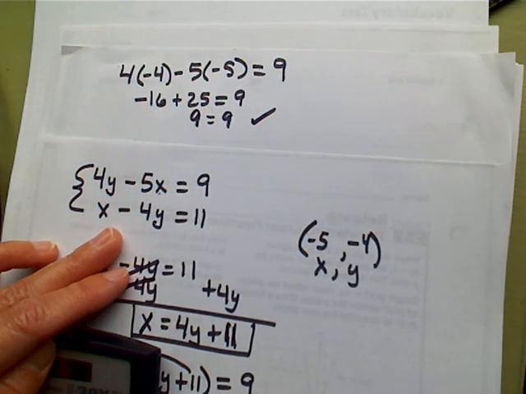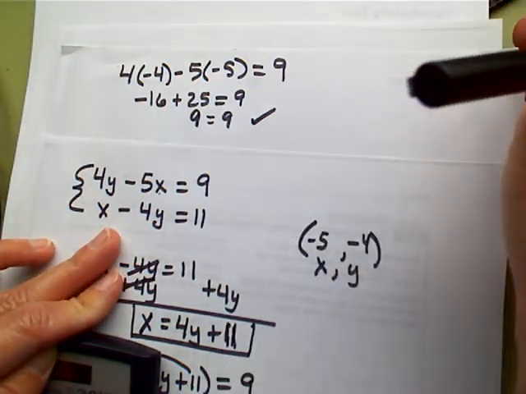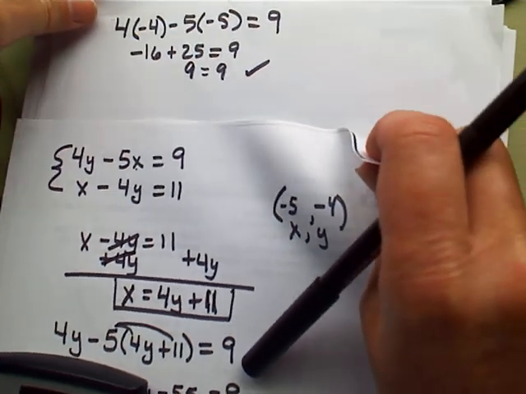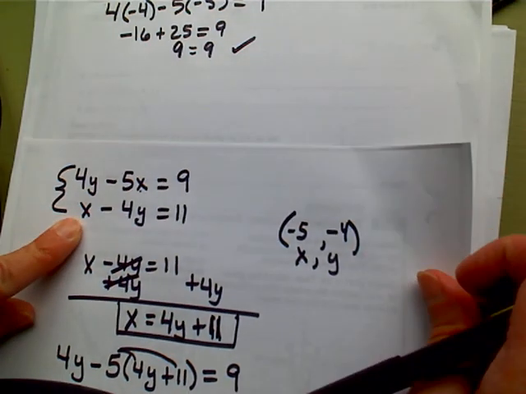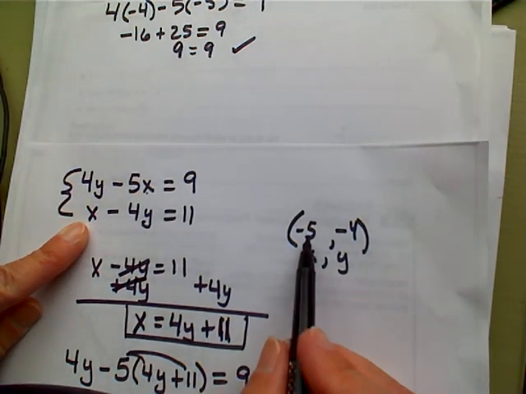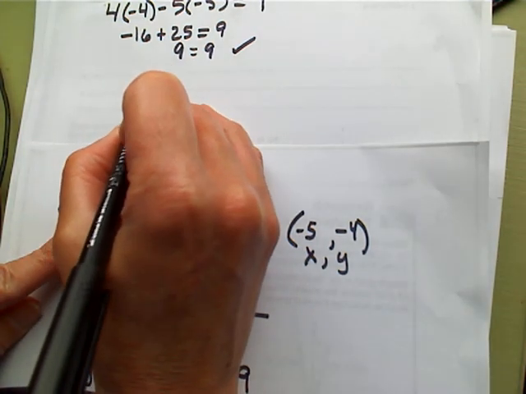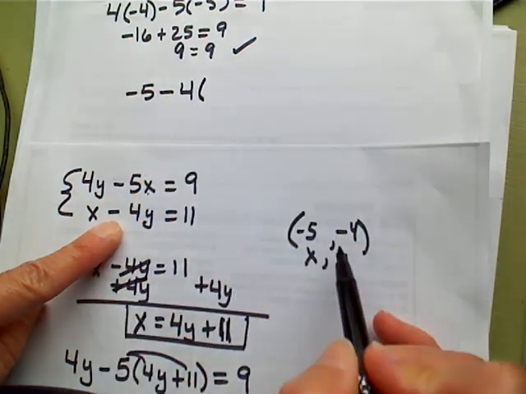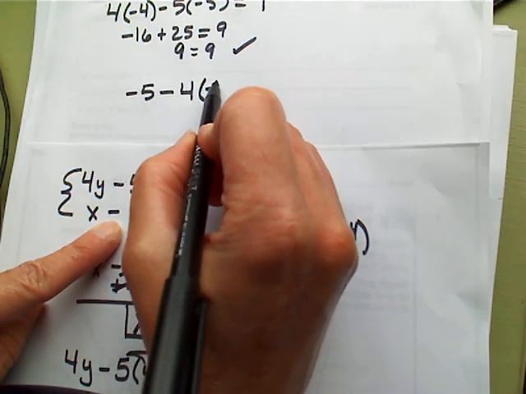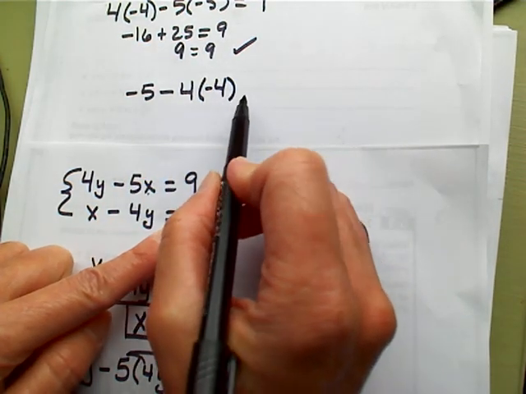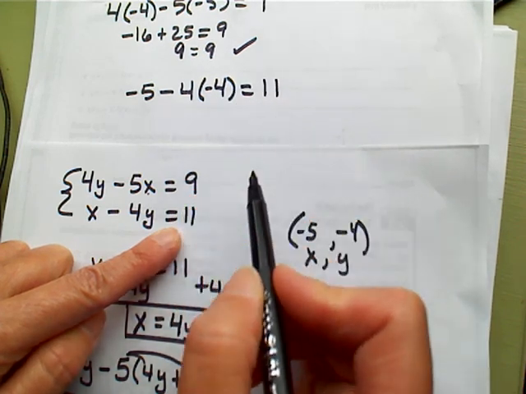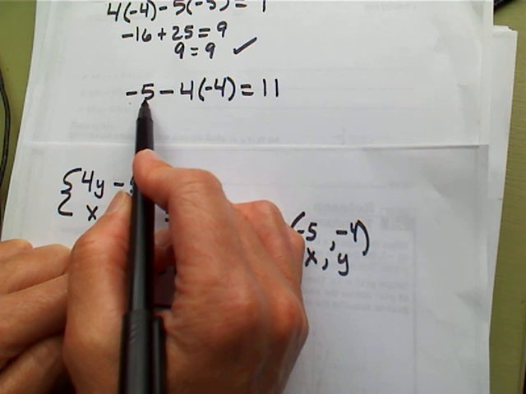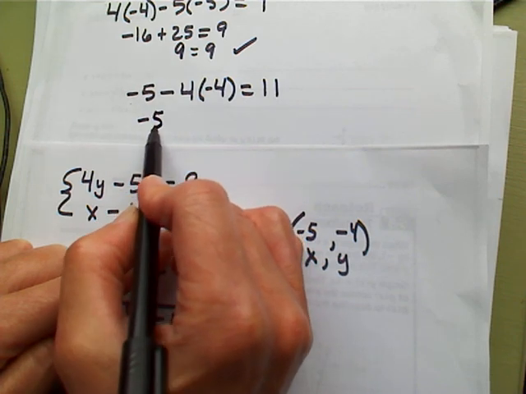And then remember, they both have to satisfy the solution. So I'm going to move my paper down so you can see what I'm doing. I'm going to the second equation now. And x is negative 5 minus 4 times negative 4. And we're claiming that it will equal 11. So let's follow through on our math. So negative 5 is not being multiplied with anything, so that's just going to drop right down.